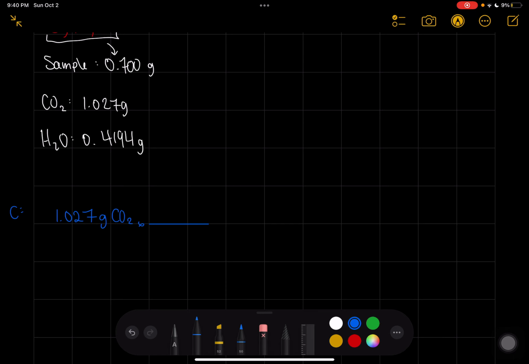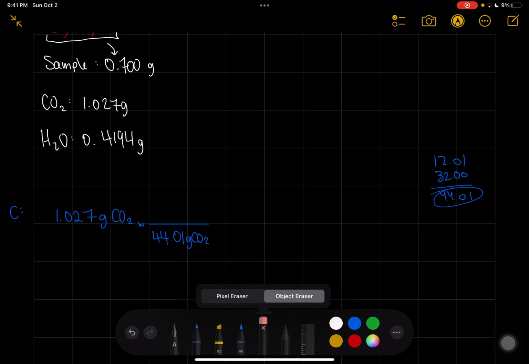So we're going to need our number of grams per mole, which is this much grams of CO2. You know why? Because we have 12.01 grams of carbon, and we have 2 oxygens, which is 32, which will give us 44.01 grams of carbon dioxide.